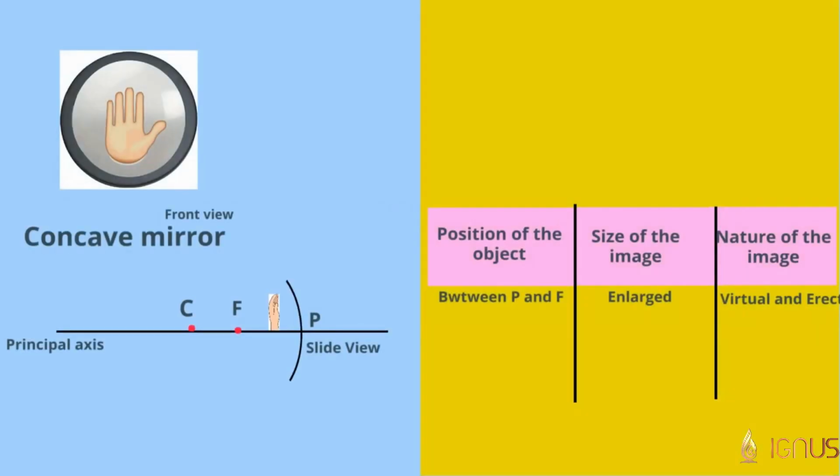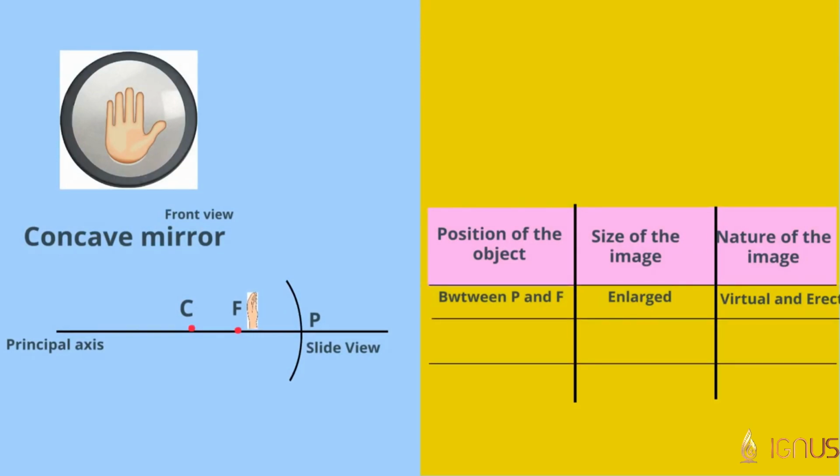For now, let's move the object away from the mirror and see how the dimensions and the nature of the image vary relative to the object. You will find that as I move the object away, the image gets even bigger. And when the object is at principal focus, the image is huge.